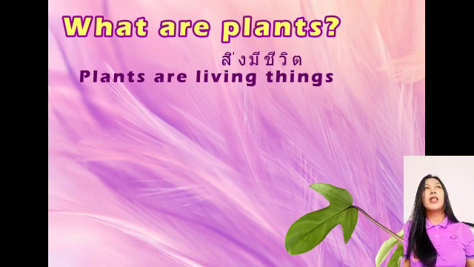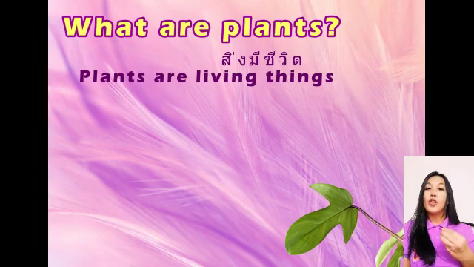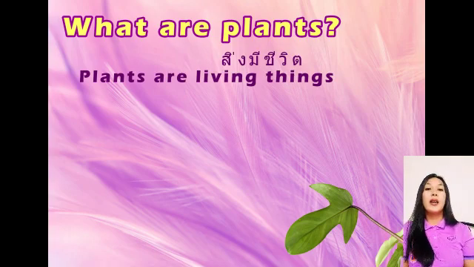So just like us, plants also need food to eat. They need water. We also need water. So like us, plants also need water. They need light, particularly sunlight. They also need temperature.